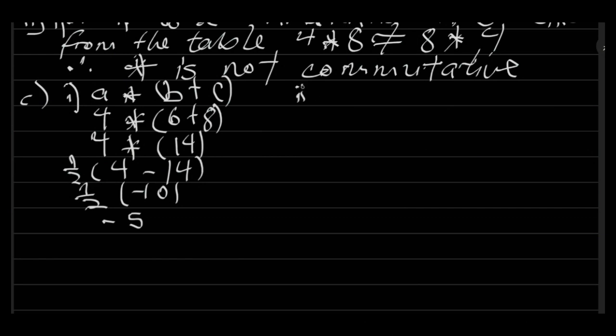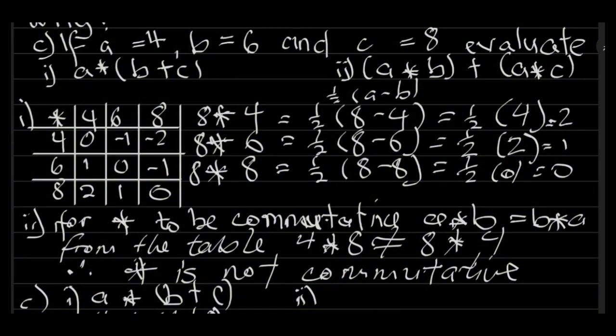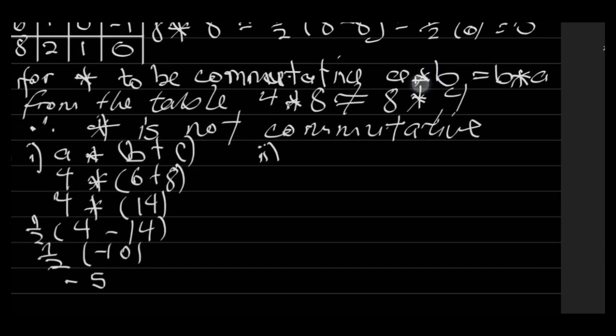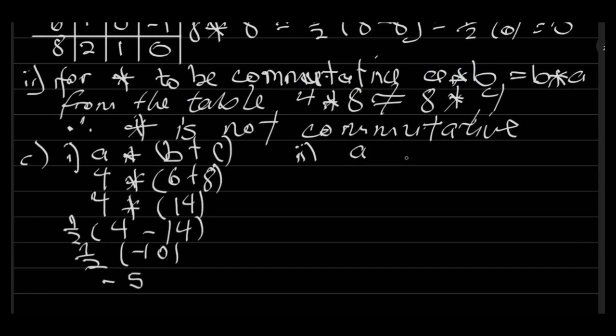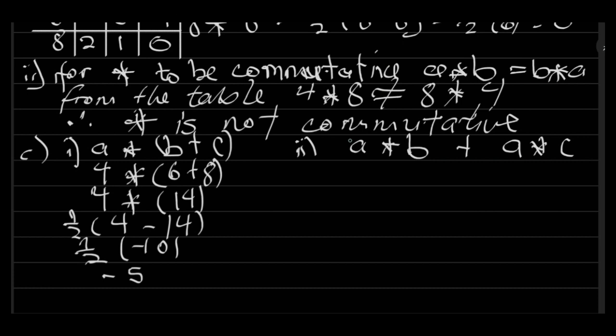Now part I says we should find the expression. This is I right here: A star B plus A star C. Each in their own set. So A is 4, B is 6, plus A is 4, C is 8.